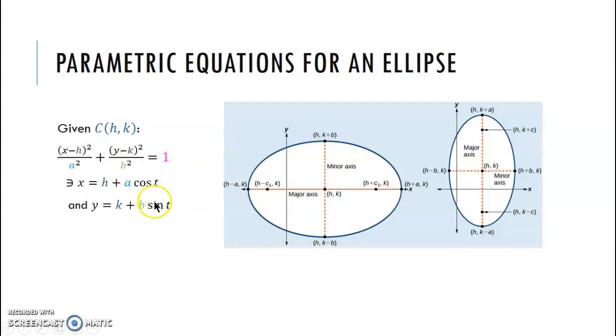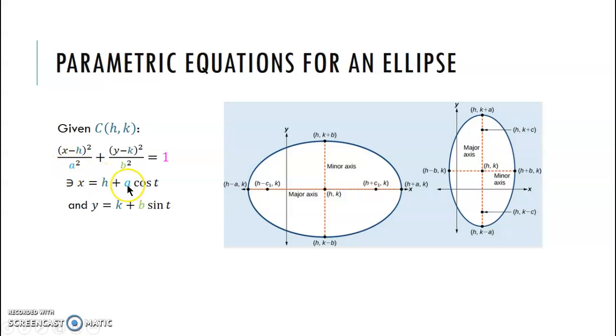So then when we write our parametric equations for the ellipse, what ends up happening is we take the h and the a from our x equations here. So x minus h squared over a squared, we take the h from the center and the a from the denominator, and this becomes h plus a cosine of t.